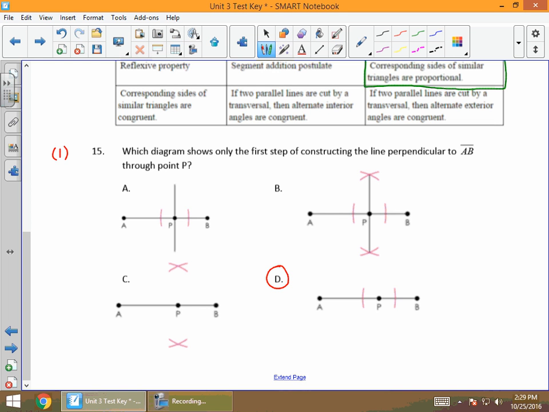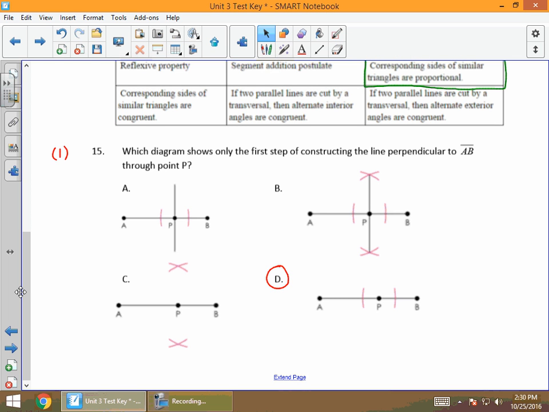We actually did this and made it look like a kind of a half moon. But that gives me the 2 points along segment AB, where I'm able to go in and do a perpendicular bisector to that. So in this one, the very first step that I would make is D.